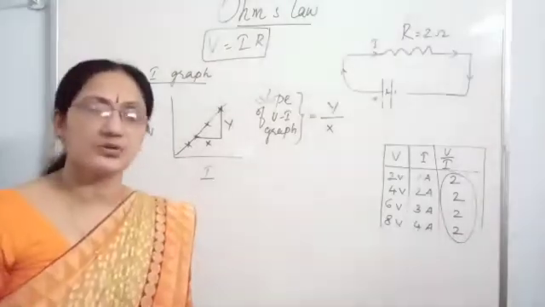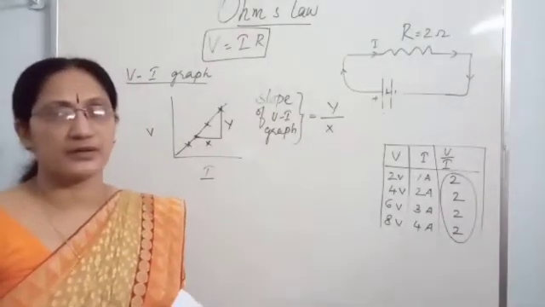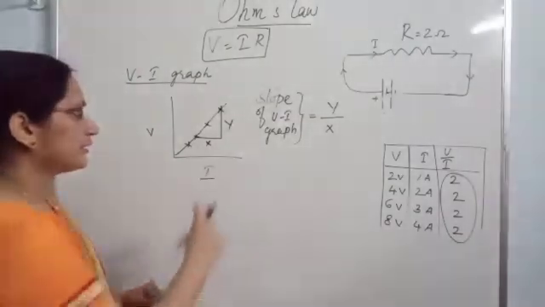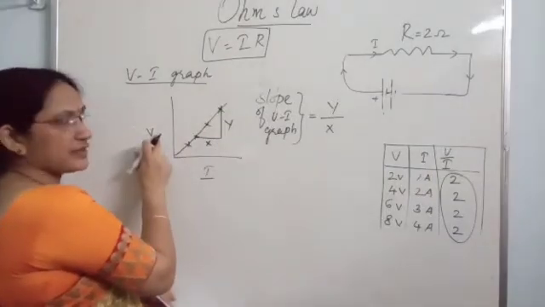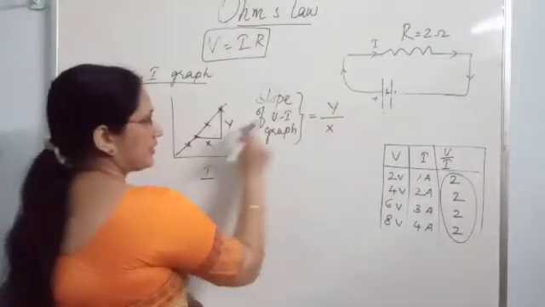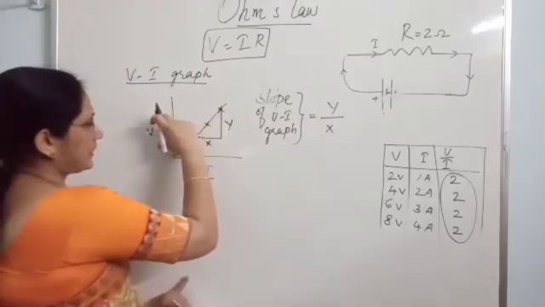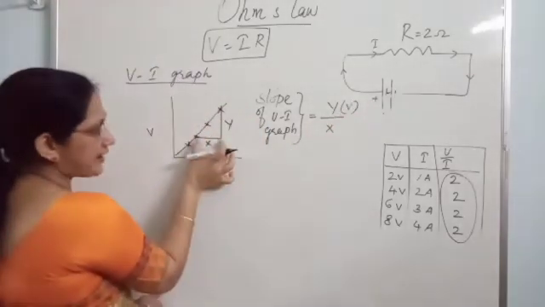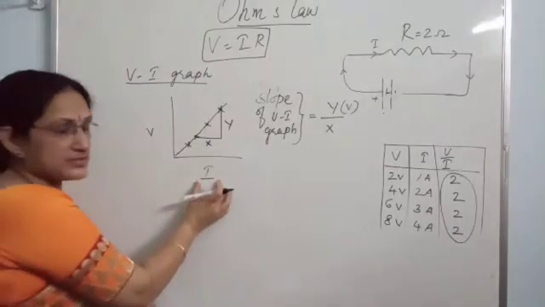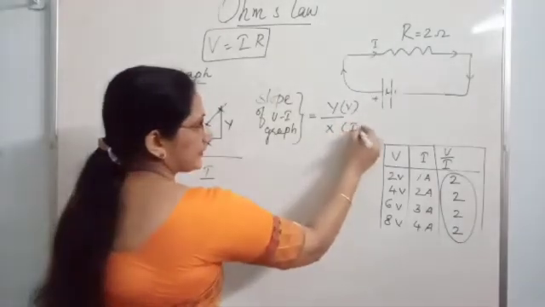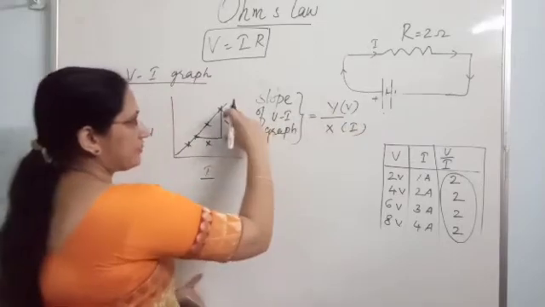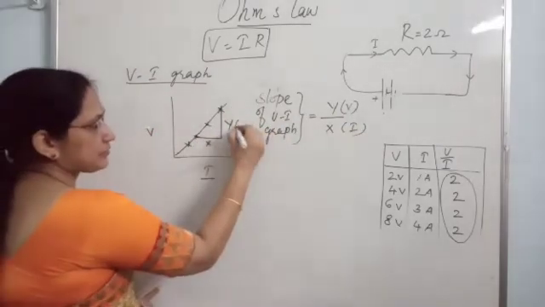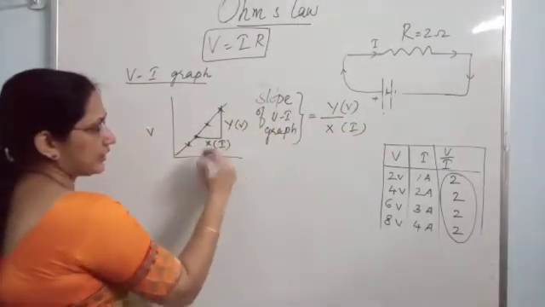Easiest method to find out the slope of a line. Here this y symbolizes y-axis quantity, that is V, and x symbolizes x-axis quantity, that is I. So when you find out y by x, actually you are finding out V by I.